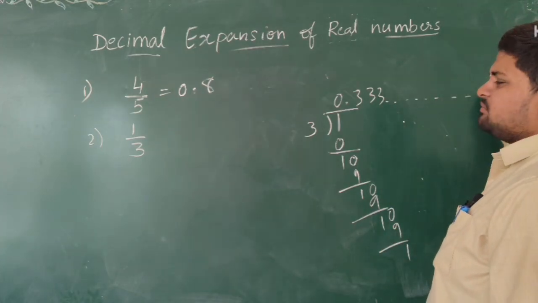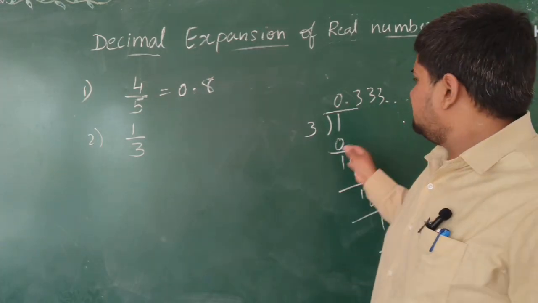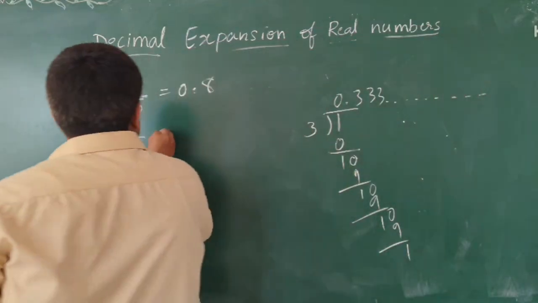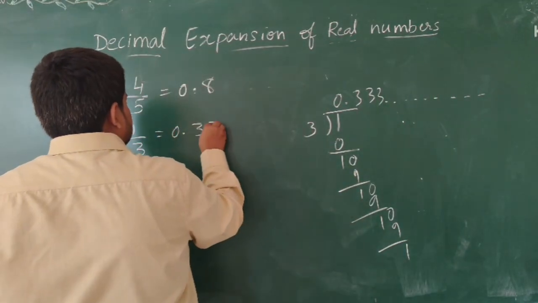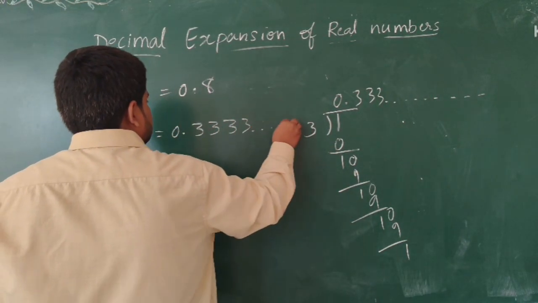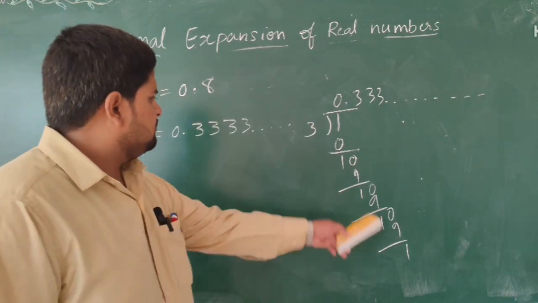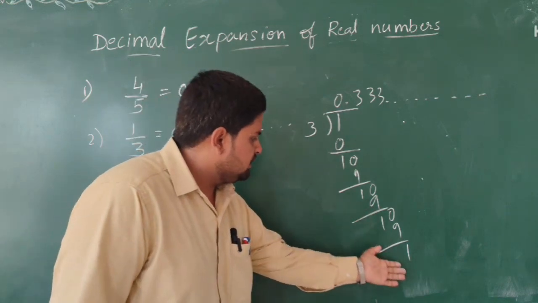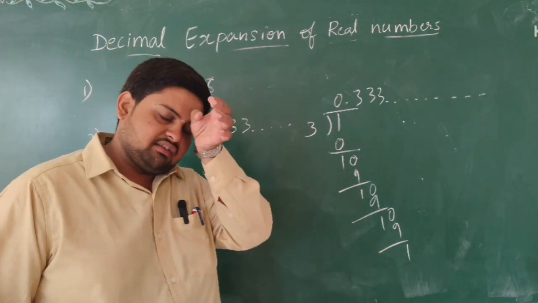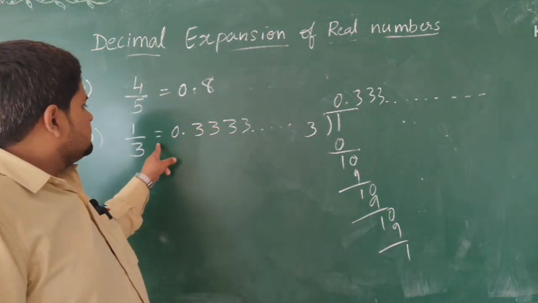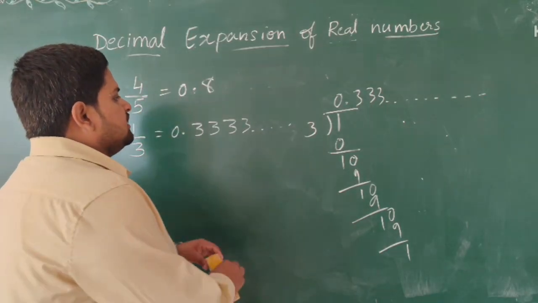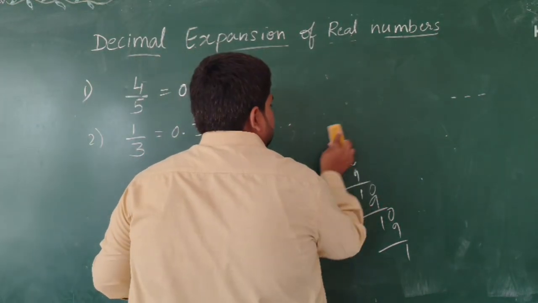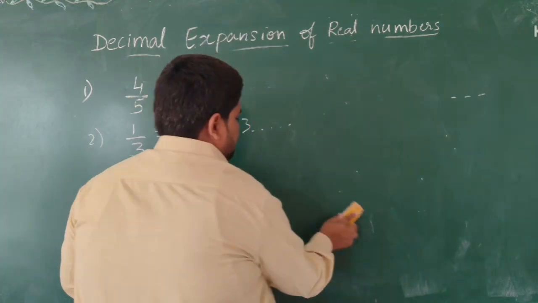This 3 keeps coming. So I can write 1 by 3 as 0.3333 and so on. It keeps on going. Again we will be getting 3 infinitely many times. You can try it yourself once again if you want. So 0.3333 will continue infinitely many times. This is one more kind of decimal expansion.